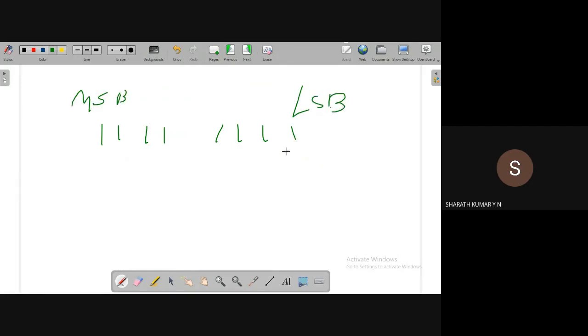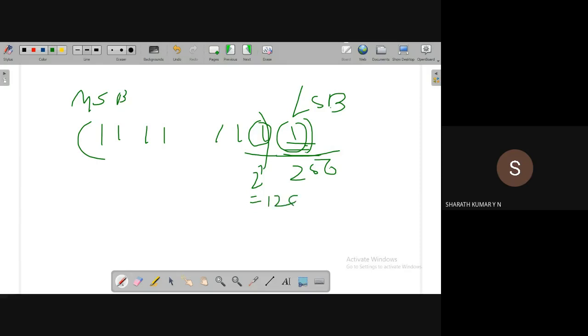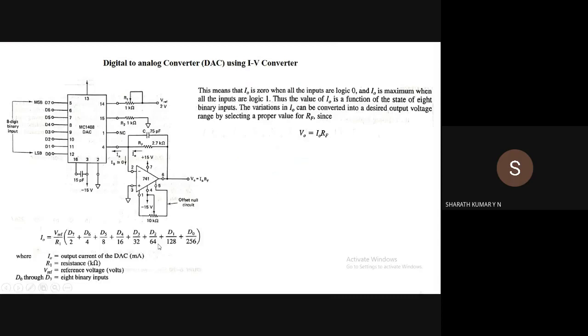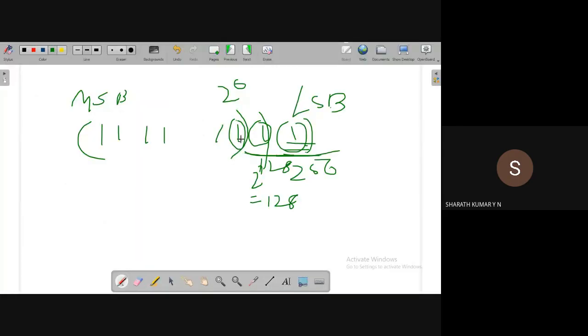The weightage of this is very low, weightage divided by 256. The next bit's weightage is a little higher than the LSB. This weightage is out of 2 power 7, which is 128, so the weightage of this bit is divided by 128. Next bit is 2 power 6, which is 64, so its weightage is divided by 64.